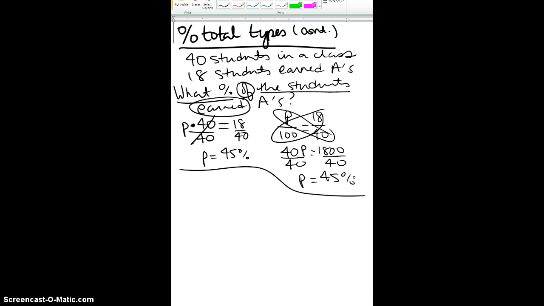One more example would be, for example, say there are question mark students in the class.